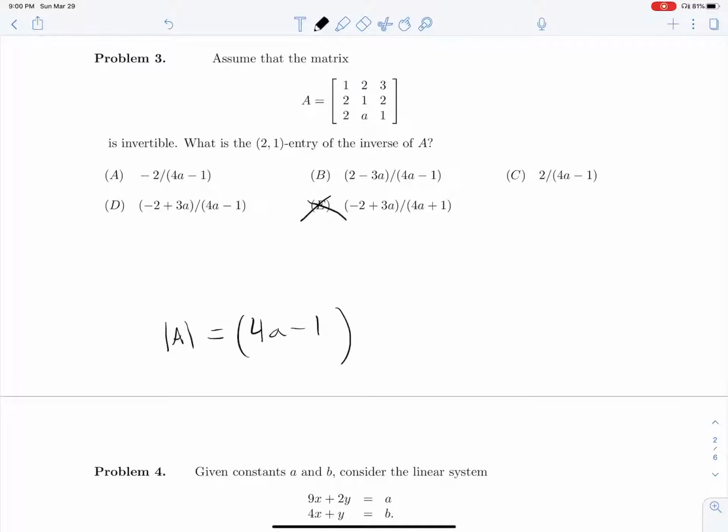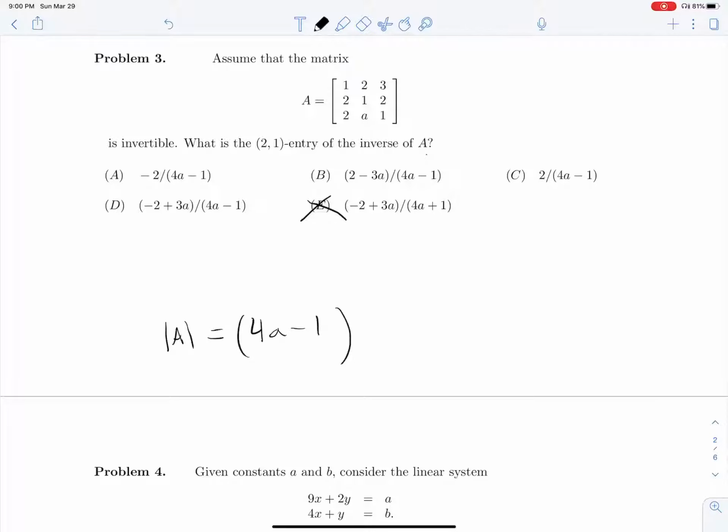Okay, so moving on, we're looking for the 2, 1 entry of the inverse of A. If you find inverses the way I find inverses, one of the steps of finding that inverse is reflecting everything along the main diagonal, which, I just realized I should have really said transposing, which is the same thing.